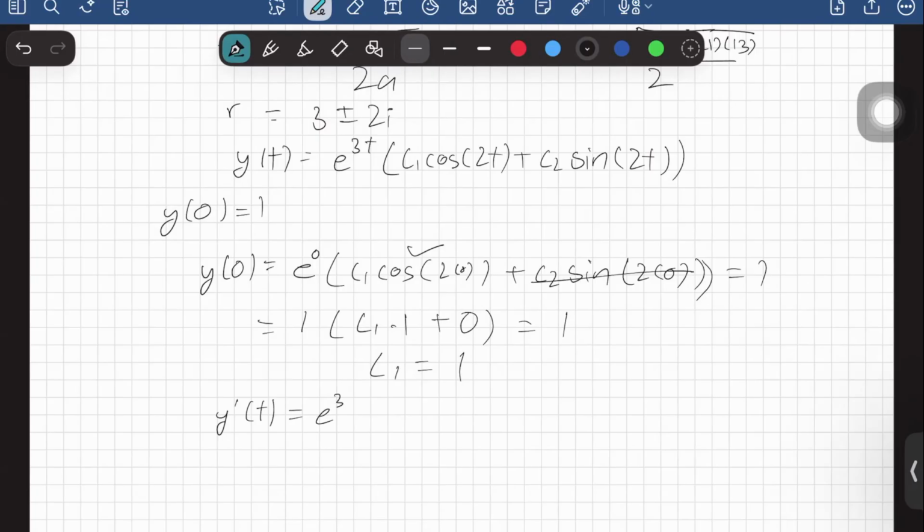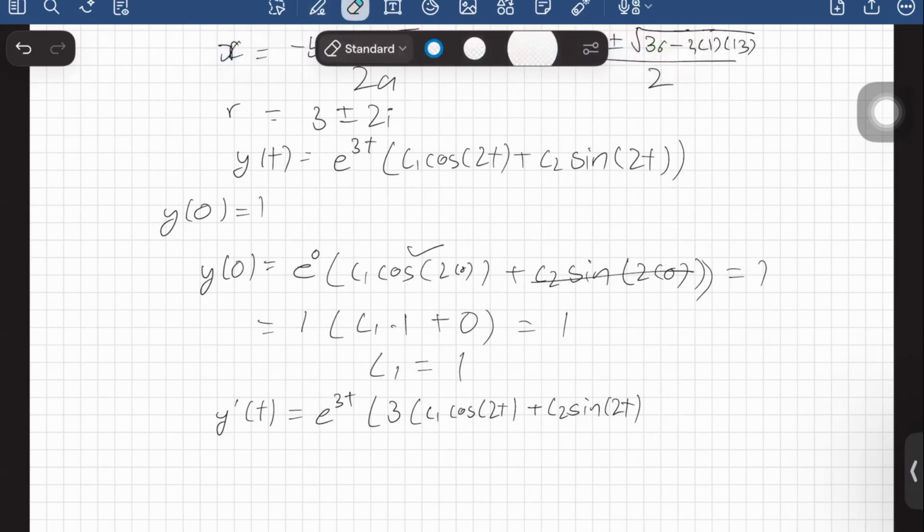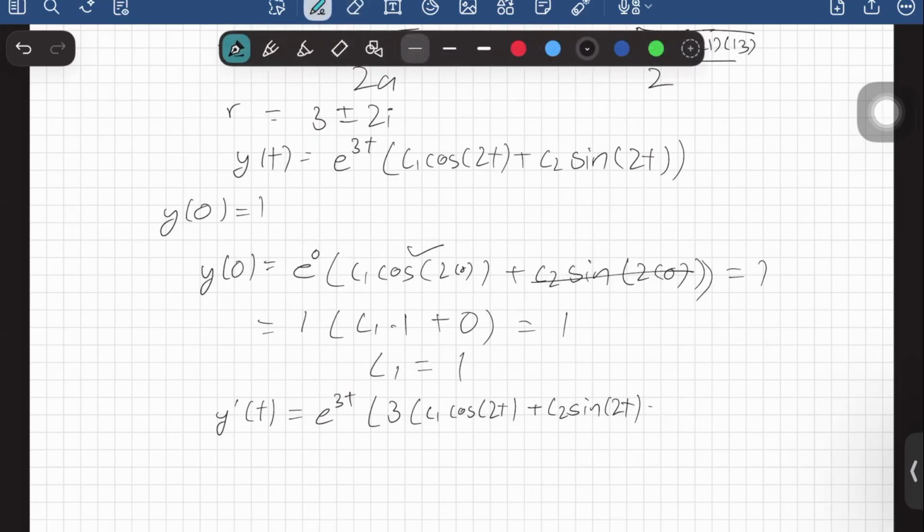So e raised to the power of 3t gets us 3 c1 cosine of 2t plus c2 sine of 2t, right? And we're going to have another term for this.